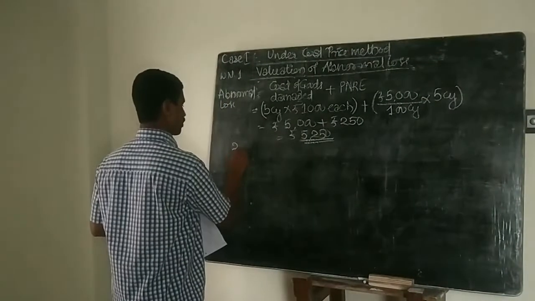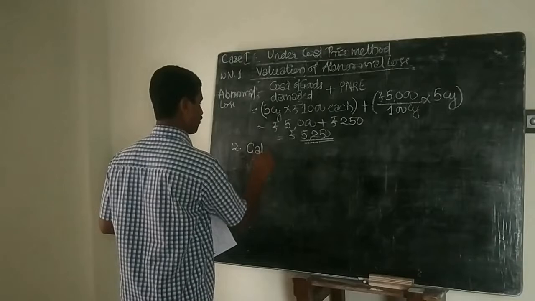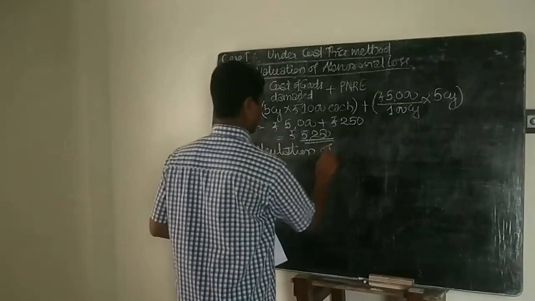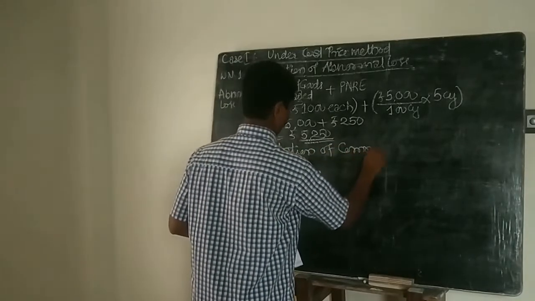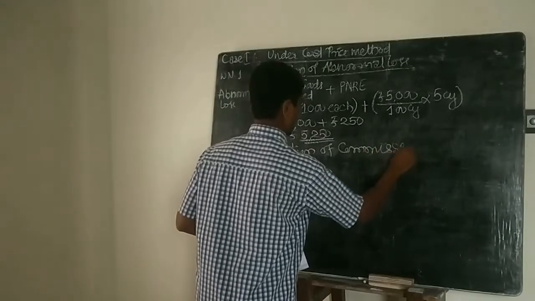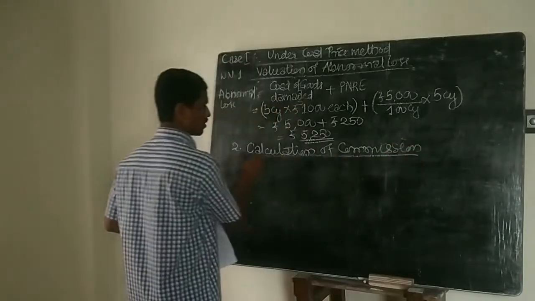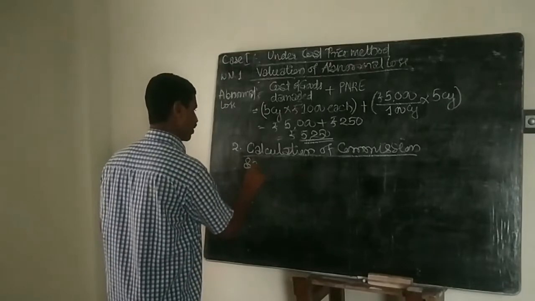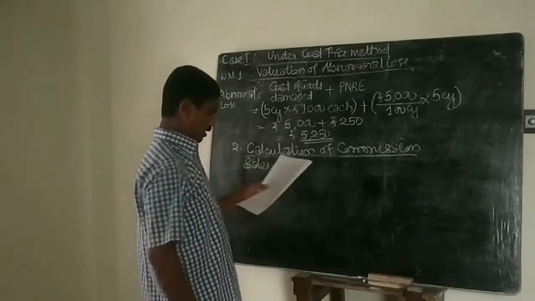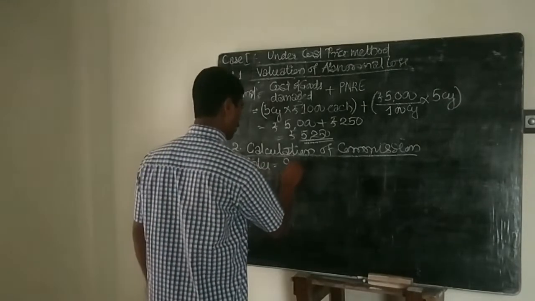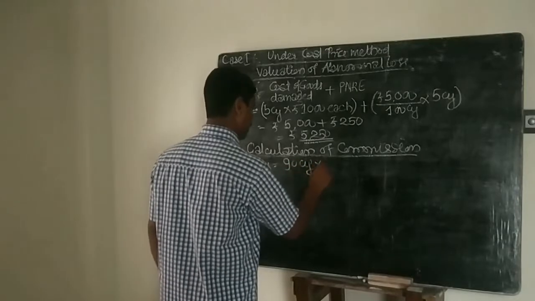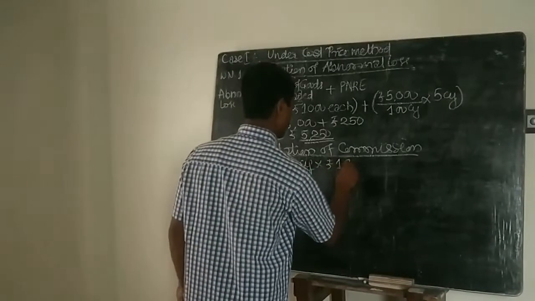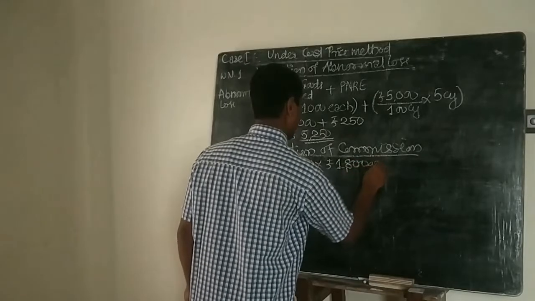Then let us go for working note number 2, that is calculation of commission. Here first find out the sales value. Sales equals 90 cycles sold by the consignee, into rupees 1,800 each.